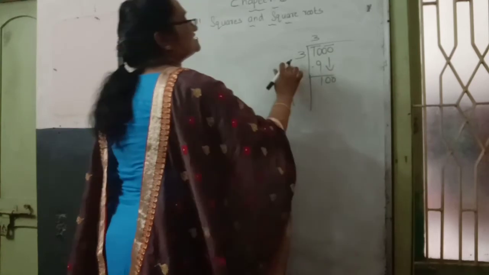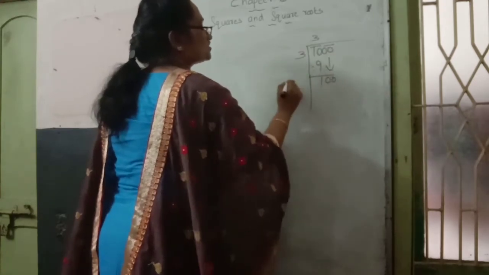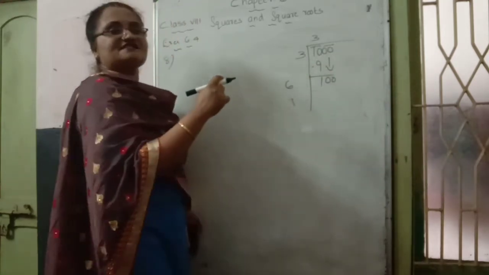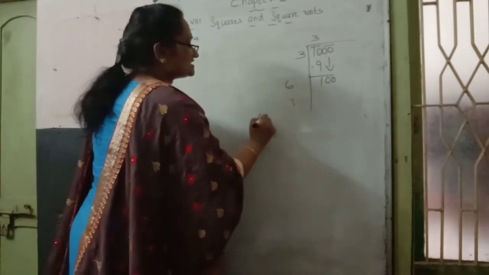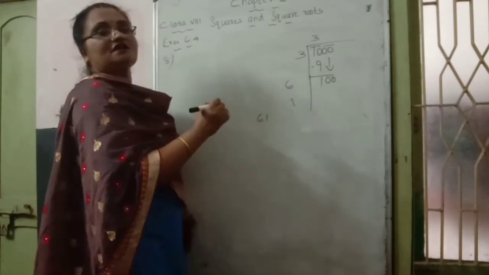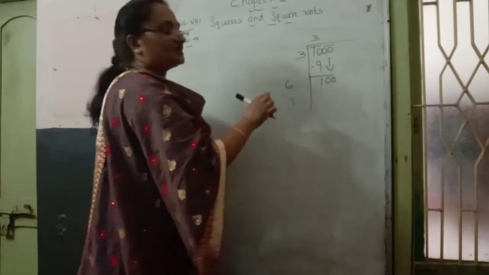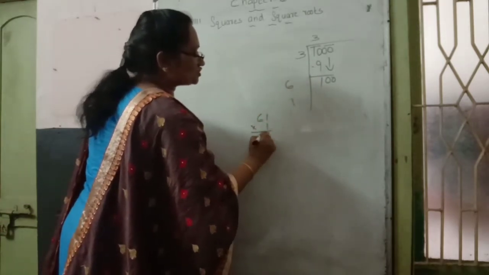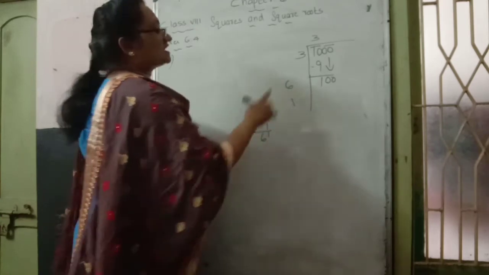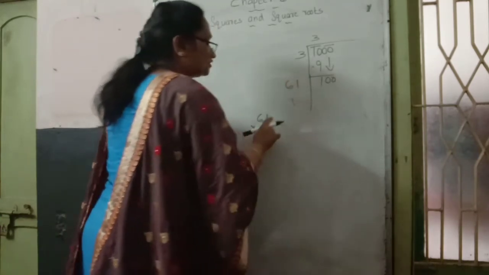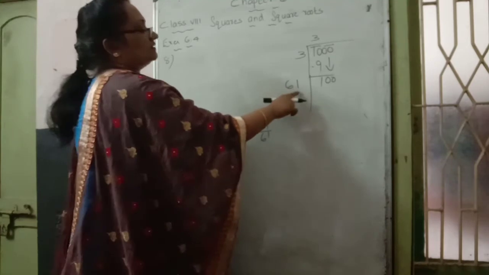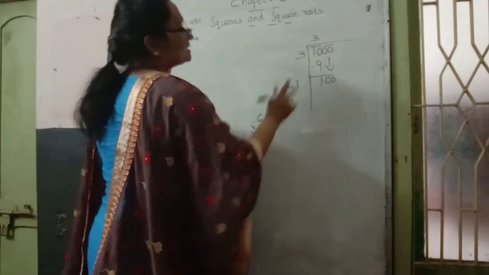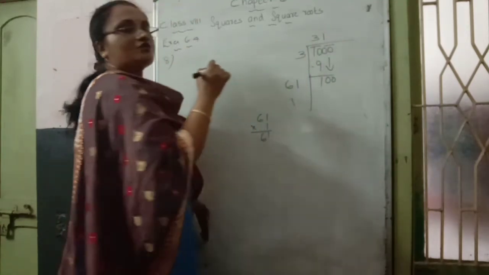Then the divisor becomes 3 plus 3, which is 6. 6 table, 10 not there. 6 into 1 becomes 6 only. That's why our divisor 6 is joined with 1, and the same 1 is used for multiplying. So one digit is joined on the divisor place and the same one is multiplied on the quotient place.